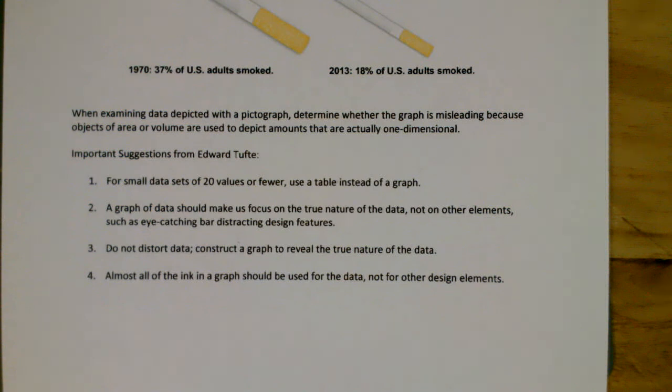And number 3, do not distort data. Construct the graph to reveal the true nature of the data. And finally, almost all of the ink in a graph should be used for the data and not for other design elements like that pie chart that I showed you, because he does recommend you not do a pie chart because of how much ink it takes to even create one.